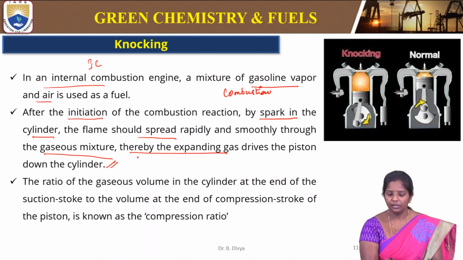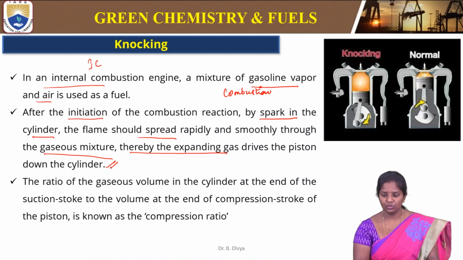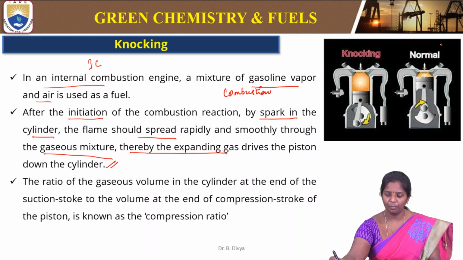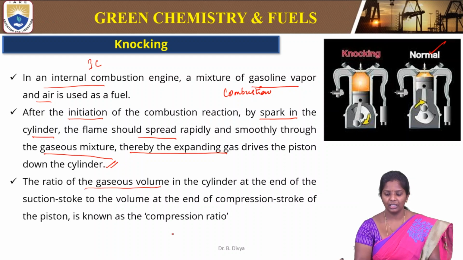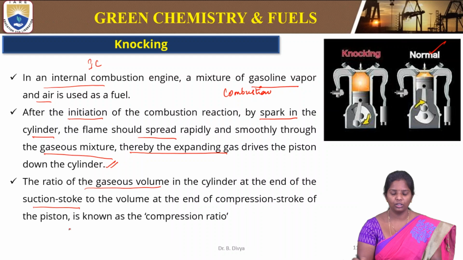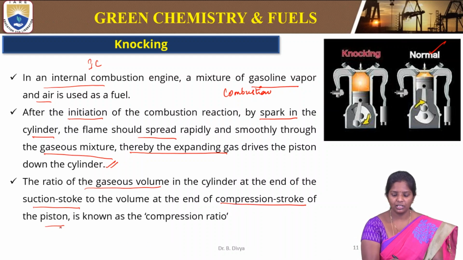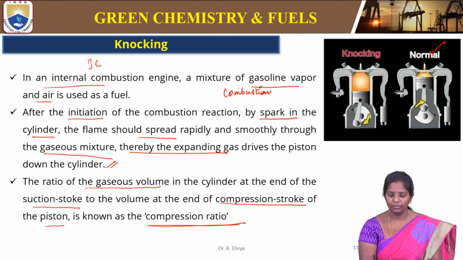When there is proper ignition, the expanding gas drives the piston down the cylinder. This is how the normal operation takes place. The ratio of gaseous volume in the cylinder at the end of the suction stroke to the volume at the end of the compression stroke of a piston is nothing but the compression ratio.